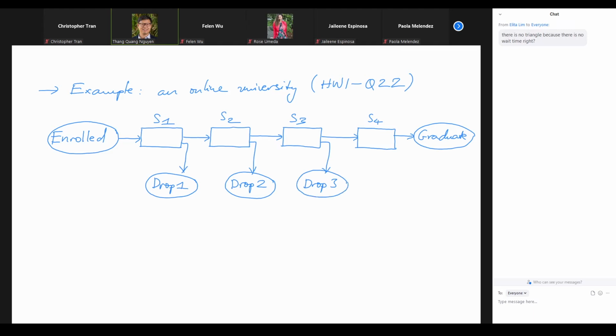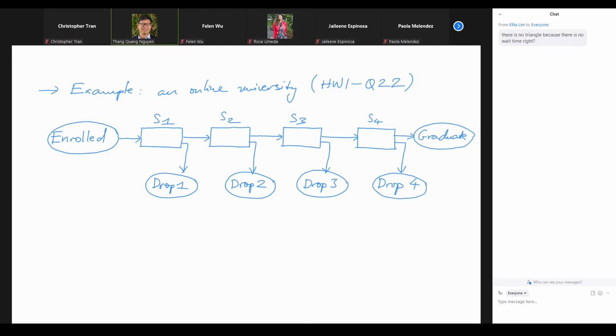And then finally, right before graduation, some students, because of some very special event, cannot finish it. Dropout number 4. Sometimes students get a good job, they cannot wait, they just go for the job, and they still have some classes left to finish.